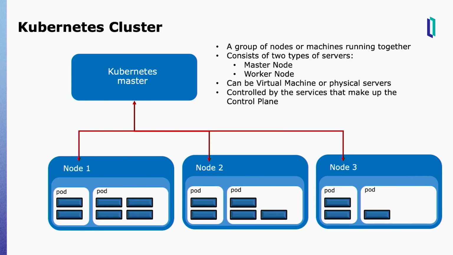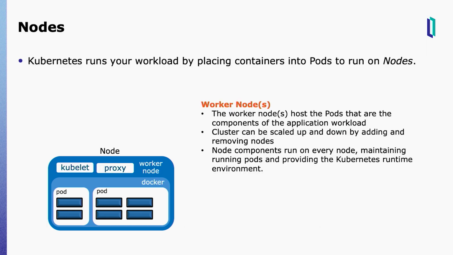This is kind of a graphic of what it looks like. So within your Kubernetes environment, you've got your master node, which controls the environment, and then you've got all these worker nodes, which are very, very easy to scale up and down. Within the worker nodes themselves, you have these pods with the containers in them. So we have our worker node.